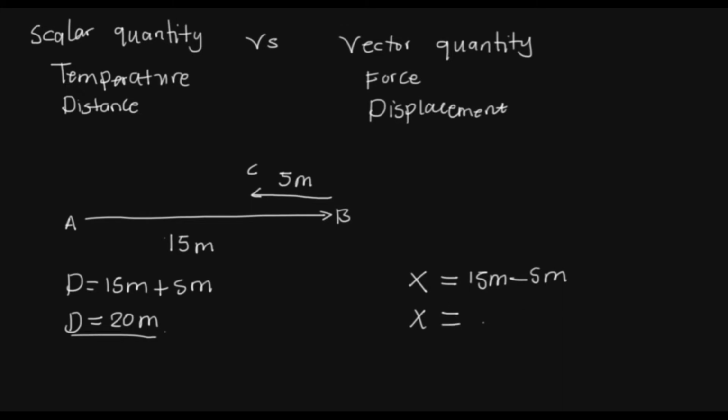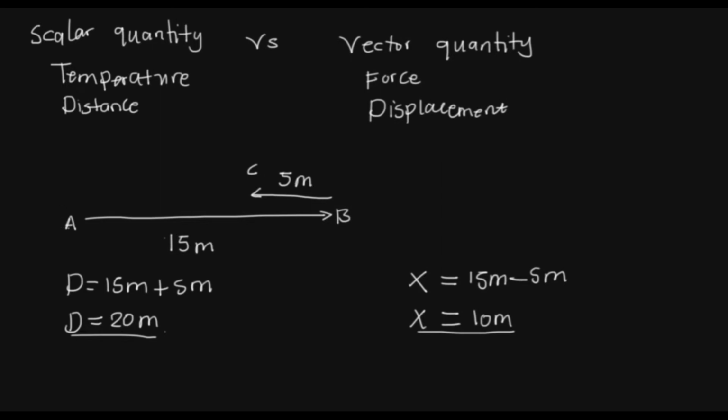Now, this displacement is defined as the change in position. If an object moves from point A to B and to C, the only change in position is that the object has moved from A to C. That is the position we are interested in. We are not interested in where the object passed, as long as we consider the initial and the final.